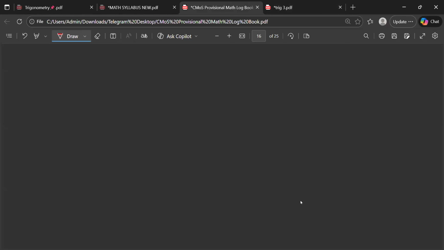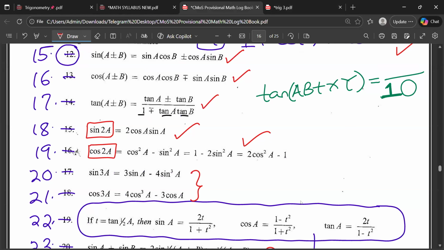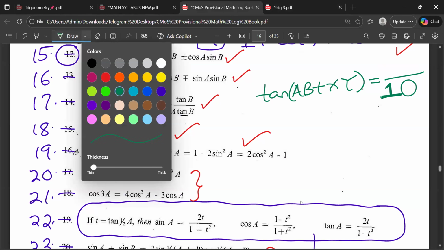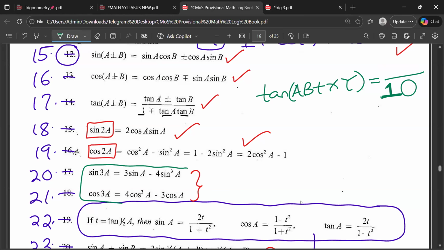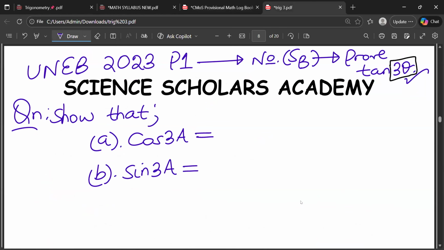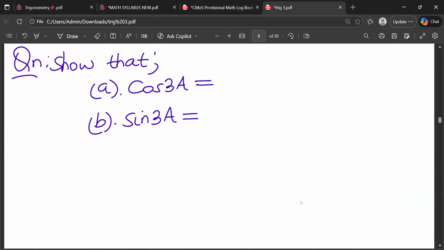The way you're seeing them here is the same way they ask them in an exam. But I'm going to give you a technique of how you can recall them. This trigonometry has a lot of identities, but it's very easy. Personally, I find it easy, maybe because I'm doing a short course in applied trigonometry. Let me see how we can easily recall this.